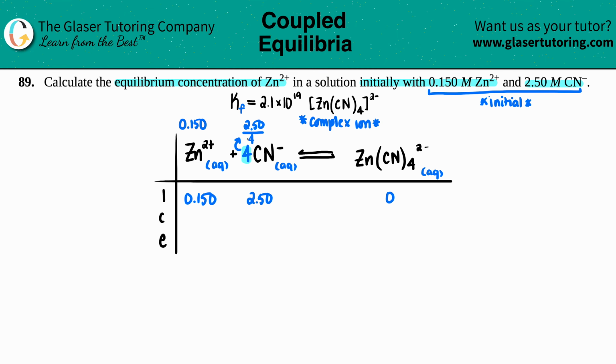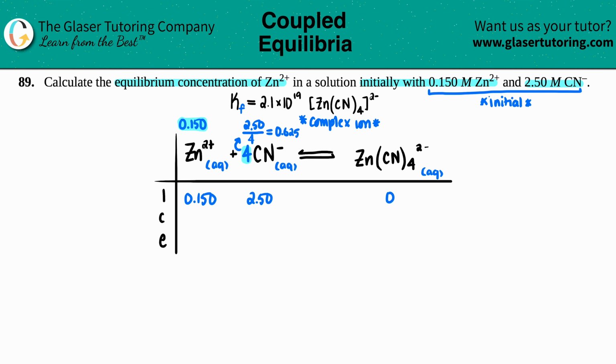There's 4 of them. So if I just take my 2.5 and divide it by 4, I will get the molarity for 1 mole. So 2.5 divided by 4, I get 0.625. Now, in this situation, this number was still the lowest. 0.15 is still lower than 0.625.